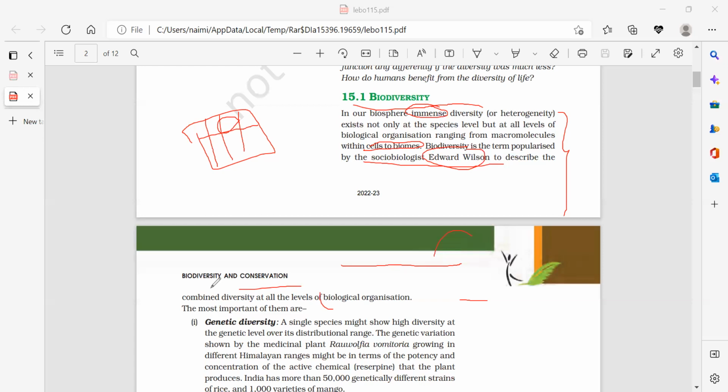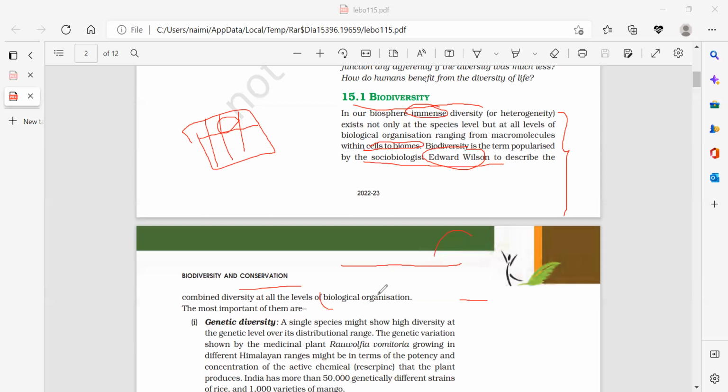The most important of them is genetic diversity. So what is genetic diversity? A single species might show high diversity at the genetic level over its distributional range. If only a single species is present on the earth, then there will be chances to show complex genetic diversity over its distributional range.